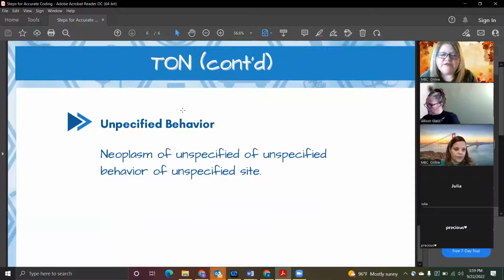All right. And our last column is unspecified behavior. Neoplasm of unspecified behavior of an unspecified site. Now, do you want me to tell them? Go for it. Okay. So again, it's cancer.